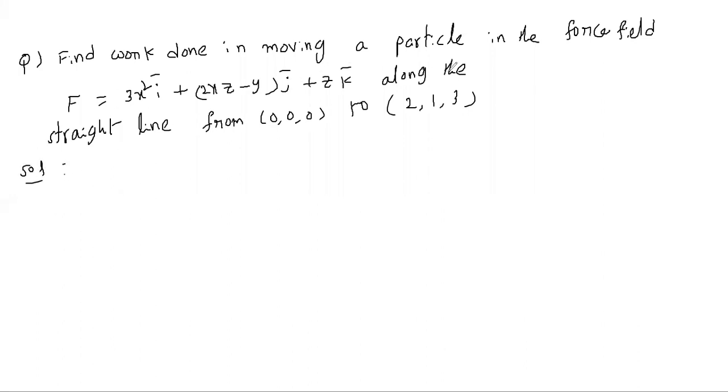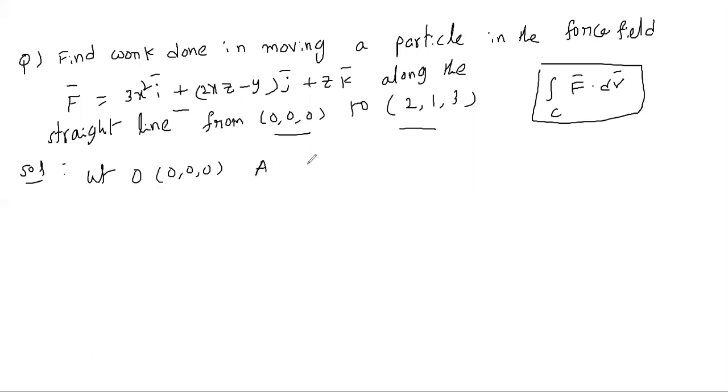Find the work done in moving a particle in the force field F bar equal to this one along the straight line from (0, 0, 0) to (2, 1, 3). First you have to find the straight line equation, then apply the formula integral C F bar dot dr. Given points O (0, 0, 0) and A (2, 1, 3).